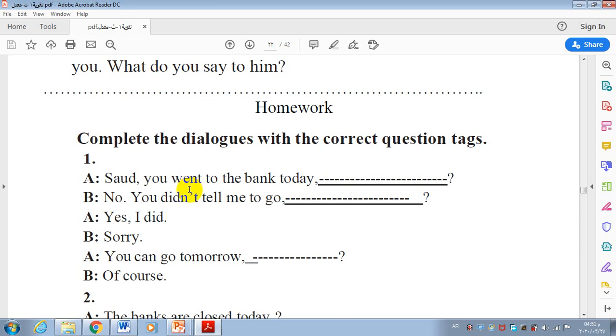If the sentence is affirmative, we put don't, doesn't, didn't, and if the main sentence is negative, we use do, does, did. This is followed by the subject pronoun; we can't use names or nouns, and we must use pronouns instead of them. Now look at this exercise and think of the answers.